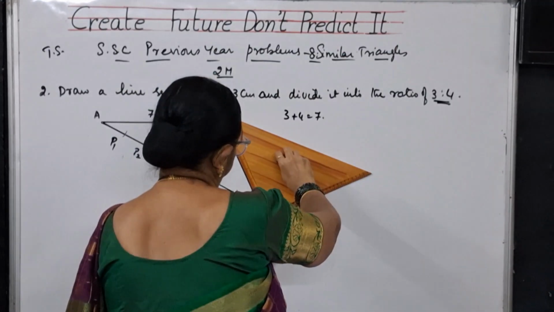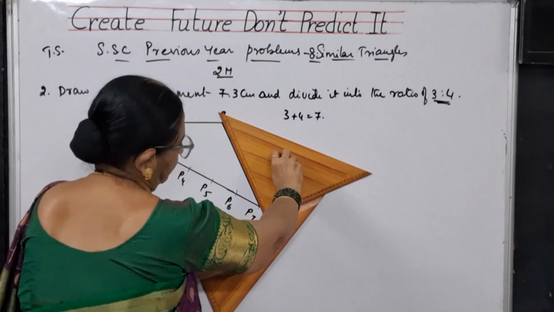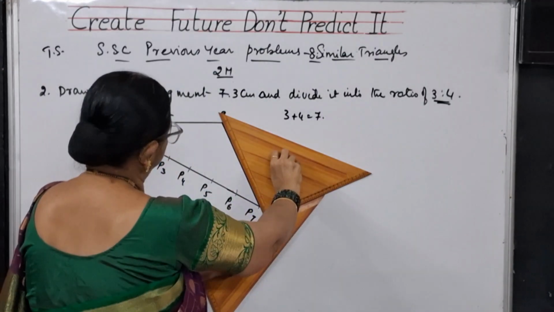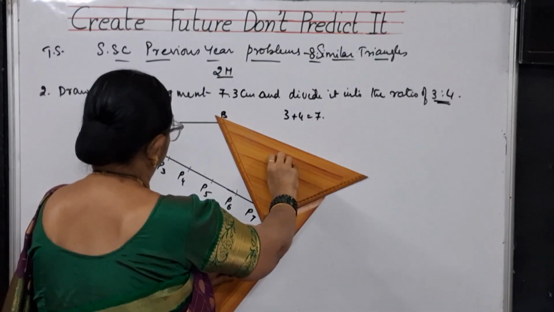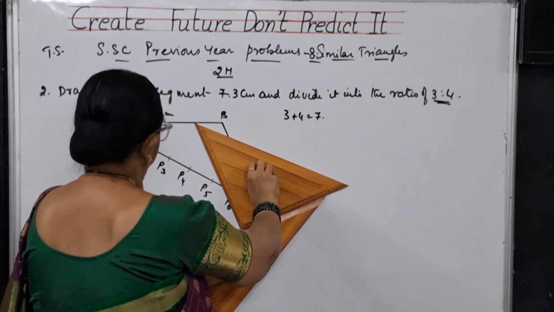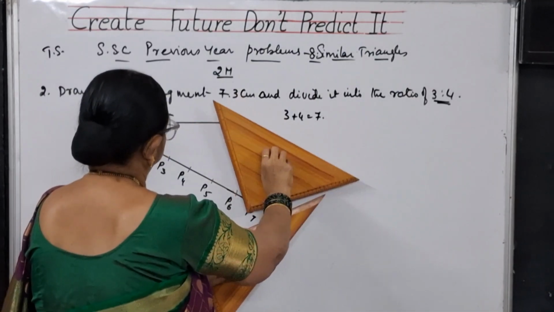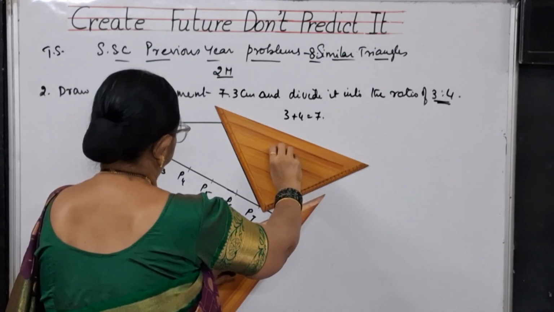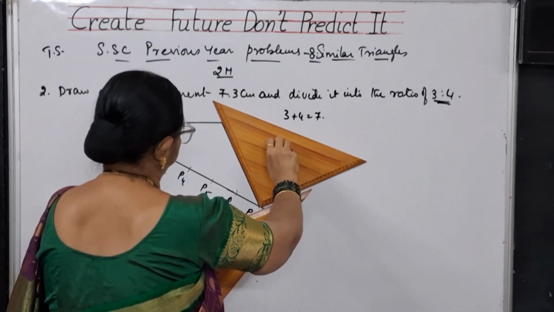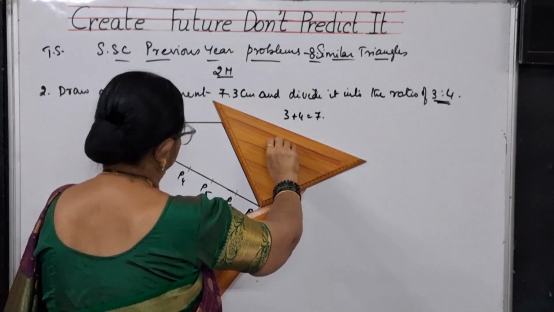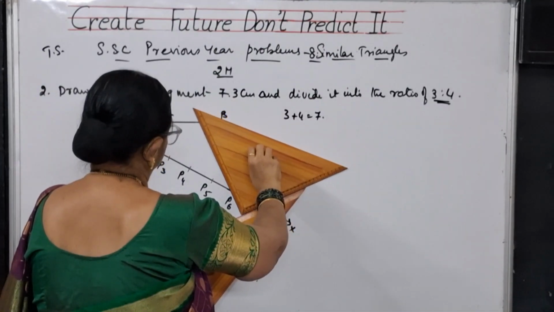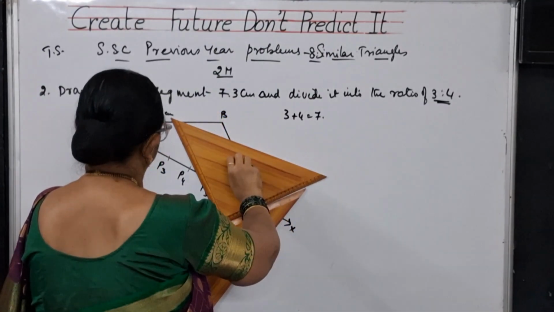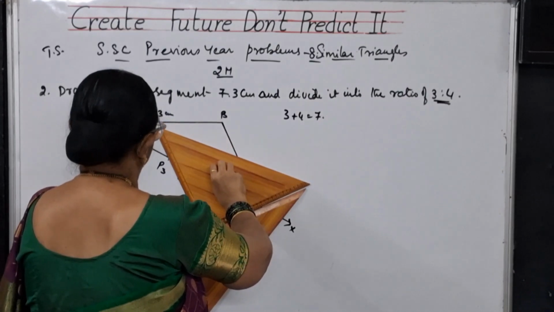So a little bit up I am taking like this. Now I need to pull my right hand up to P3.